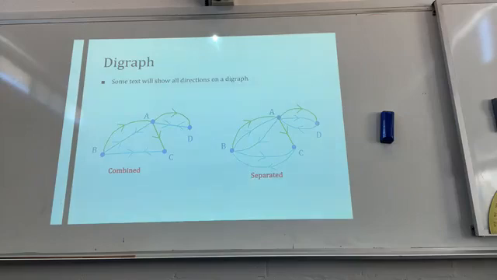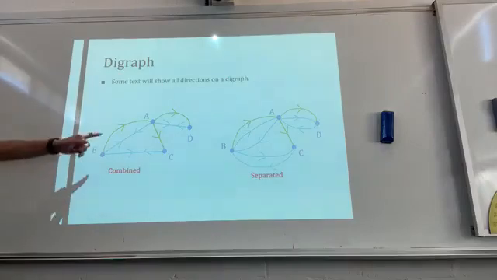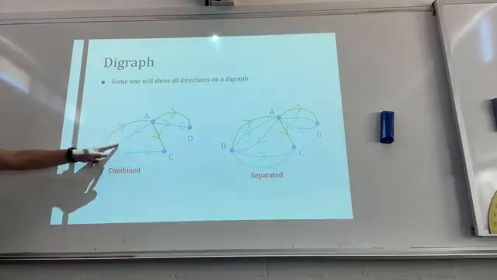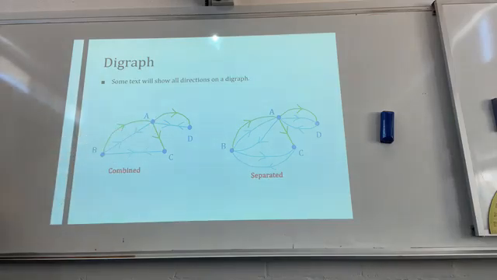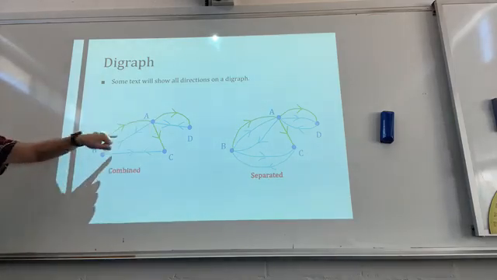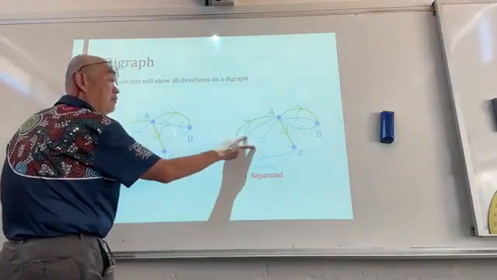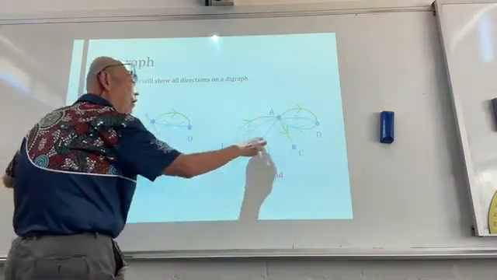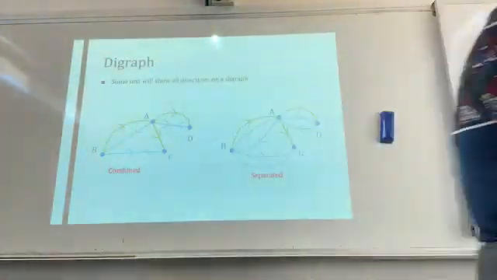All right. Now, a directed graph can be represented in a couple of ways. Here, you can see that I've represented this one with just one line, which means they are both ways. It can travel from A to B, B to A. Whereas here, I've represented it with two lines, one way going and one way back. All right? So it can be either combined or separate.